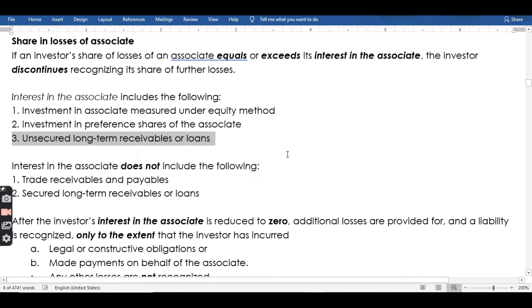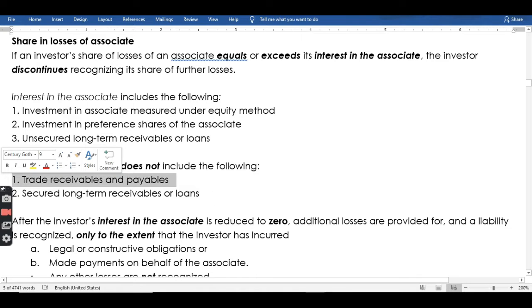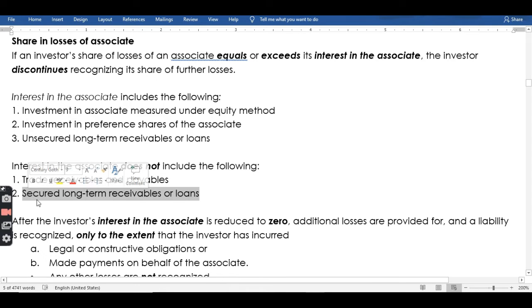Okay, so yun. Tapos, take note, hindi kasama doon sa ating interest sa associate yung mga trade receivables and payables at saka yung mga secured long-term receivables or loans. Just like what I said, ito kasi ordinary course of business, so hindi yan kasama sa interest in associate. Ito naman, secured kasi siya.